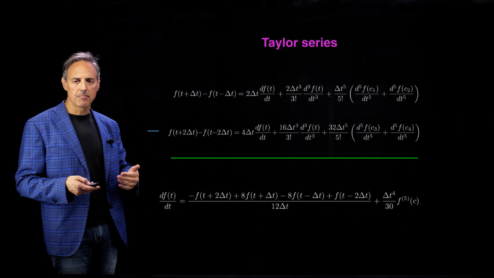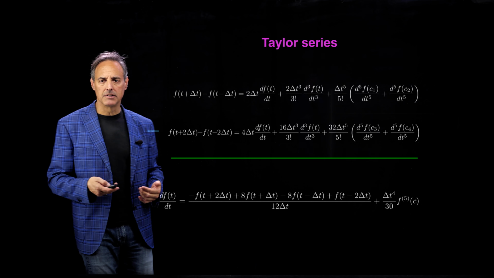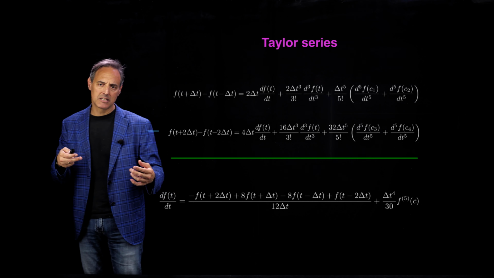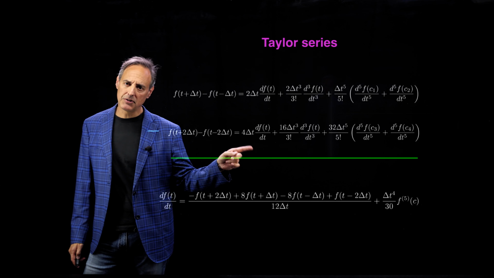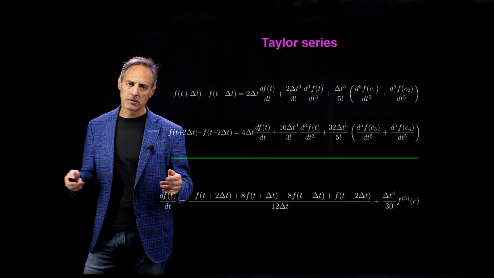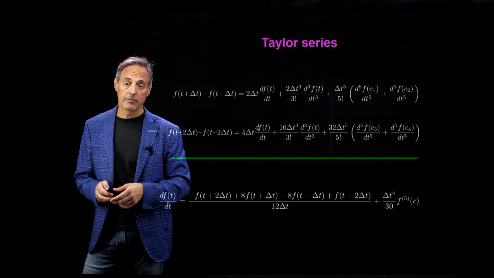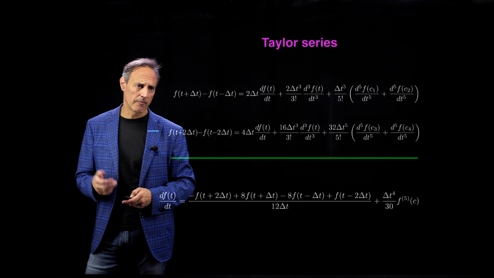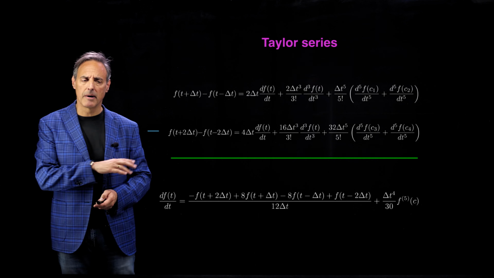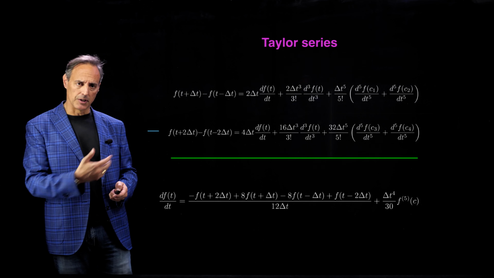So this is something that people have worked on for decades, is how do I improve my estimates of derivatives? This is how it's fundamentally done, is you're basically using more neighbors. There are different numerical differentiation techniques such as spectral methods based on Fourier transforms, but here we're going to just talk about finite differences, which is here.